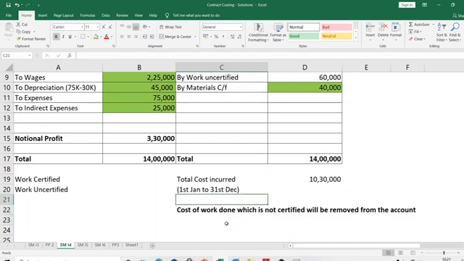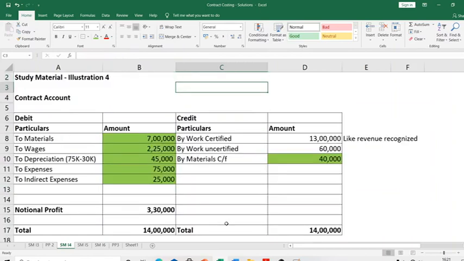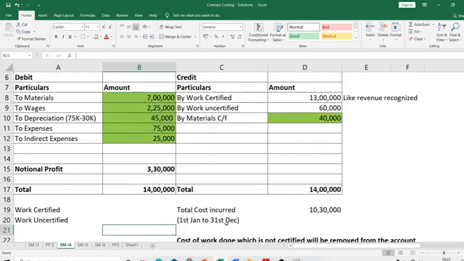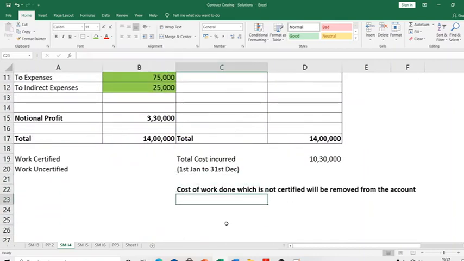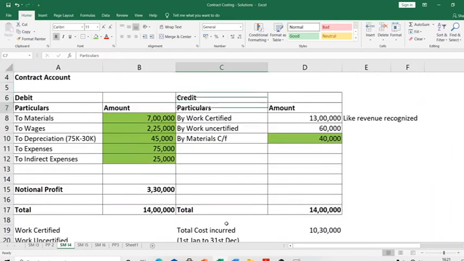Once the last month cost is removed, then we are in line with the matching principle, because 1st January to 30th November revenue is there, and 1st January to 30th November cost is also there. Extra month revenue is not recognized, extra month cost is also not recognized. So removal of that last month cost is very important. That is what we do here by saying work uncertified. We are effectively removing the cost associated with work that has happened but not been certified.